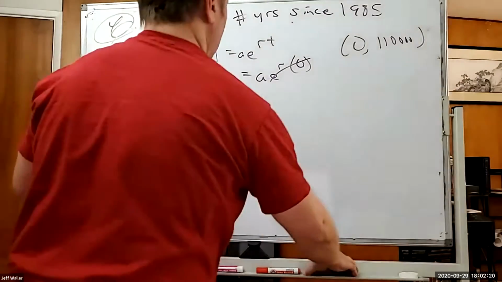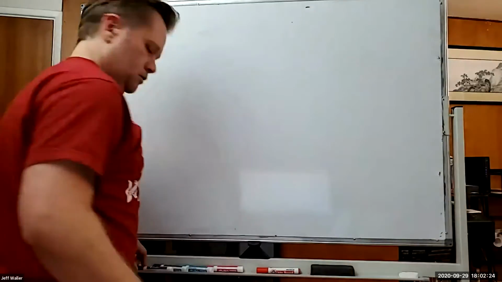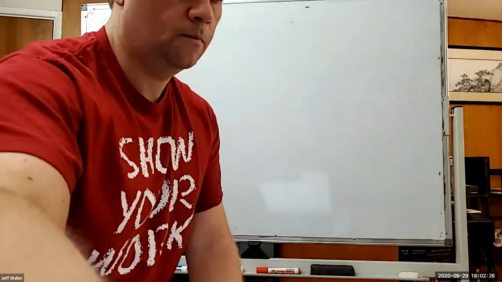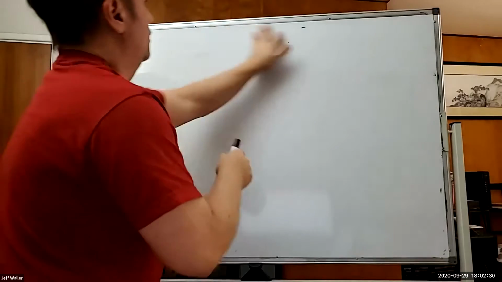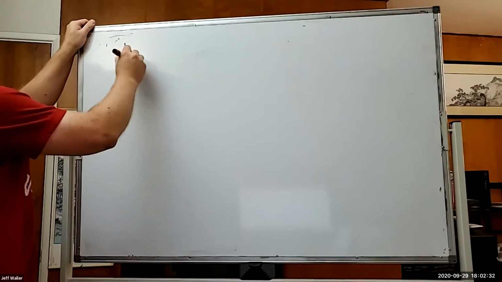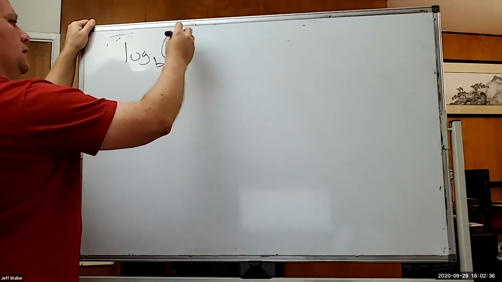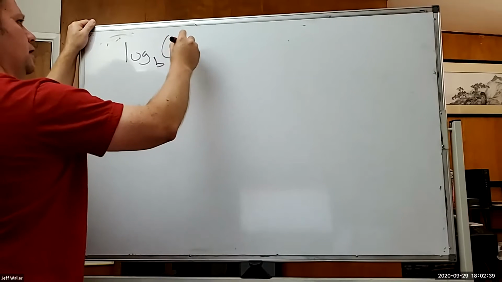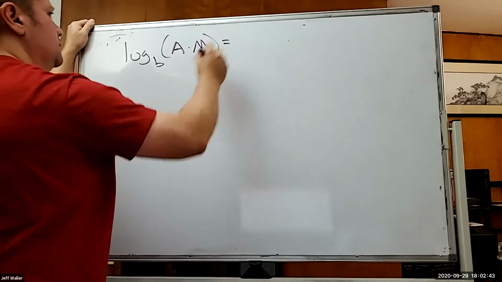These you have to become pretty good with. So if I have log of something, the product of two things, A times M, why not? Let's change it up a little bit.